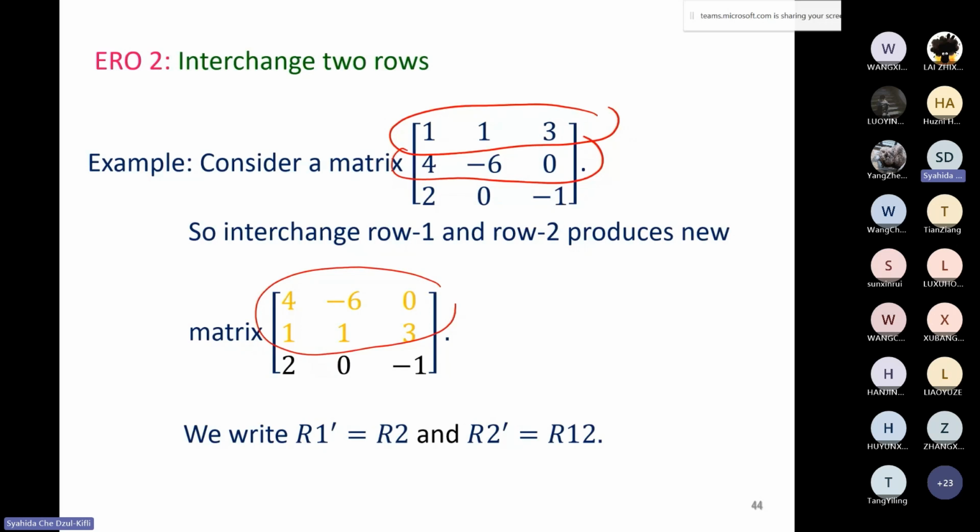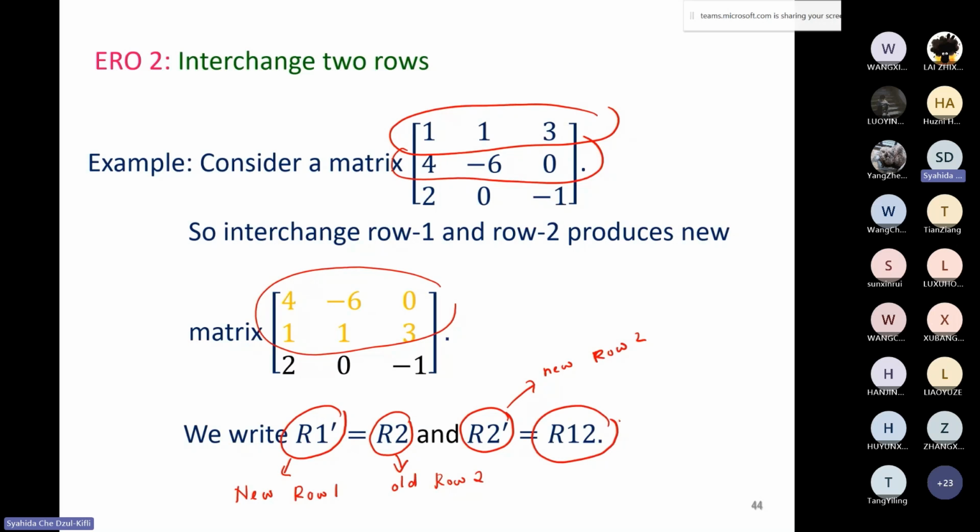The notation here is: prime means new. New row 1 is old row 2, and new row 2 is equal to, supposed to be row 1, right?